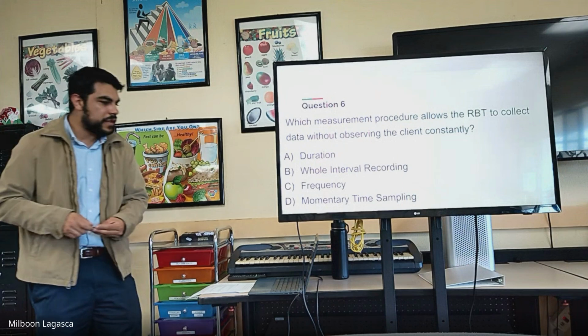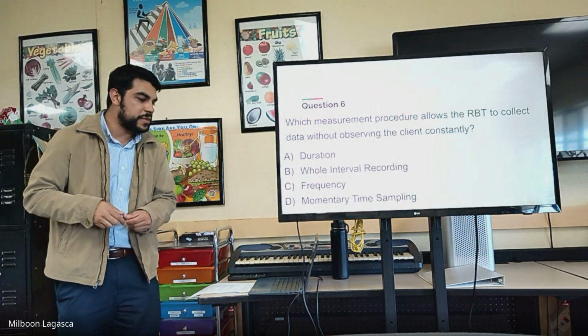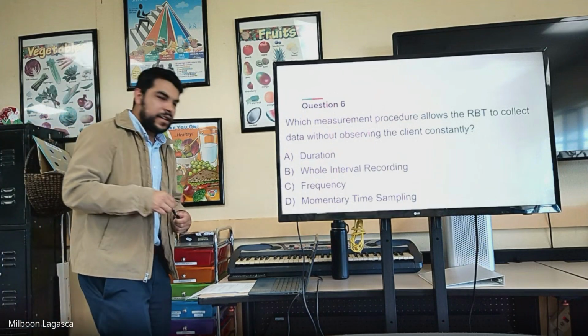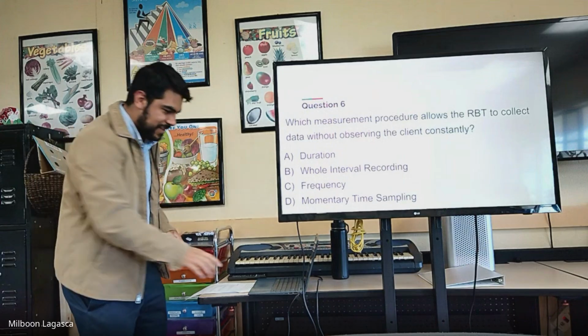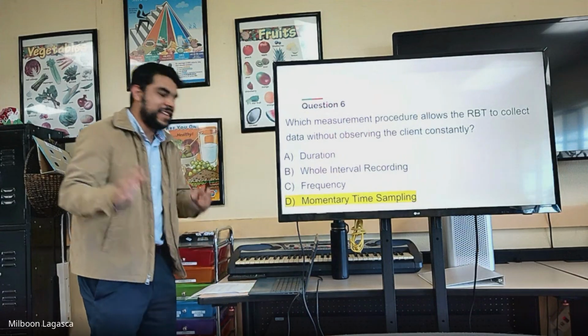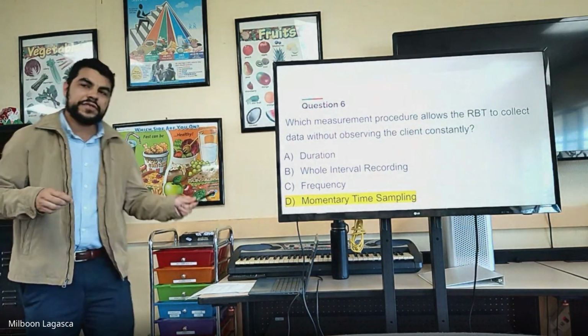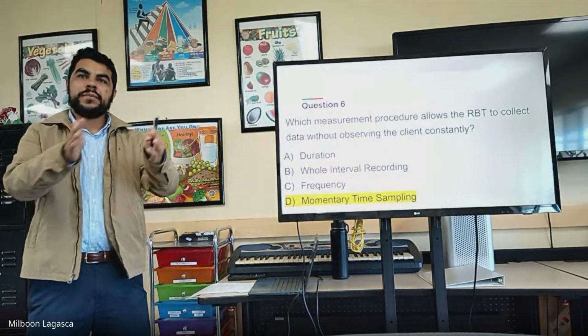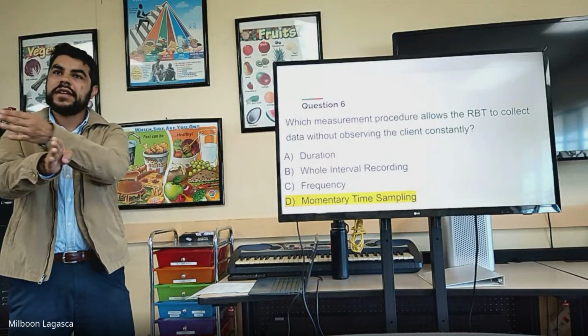Which measurement procedure allows the RBT to collect data without observing the client constantly? D. It is D, yes. Whole interval, if you have a recall, the behavior has to happen for the entire interval.